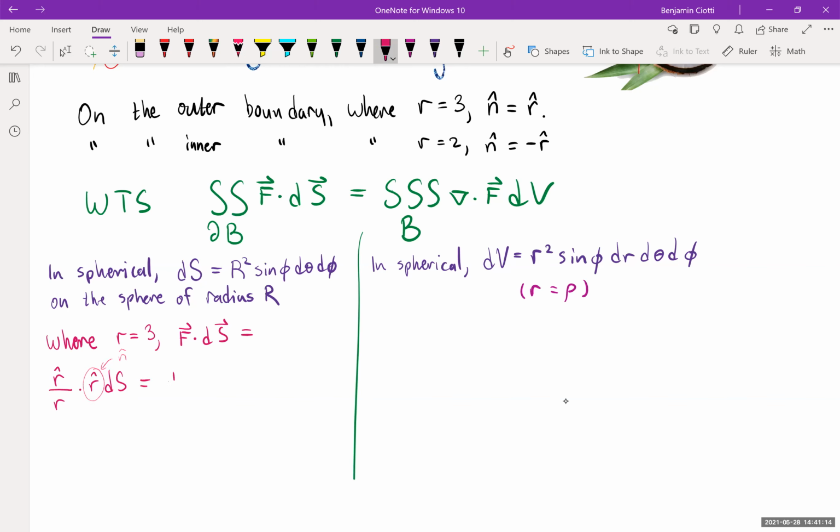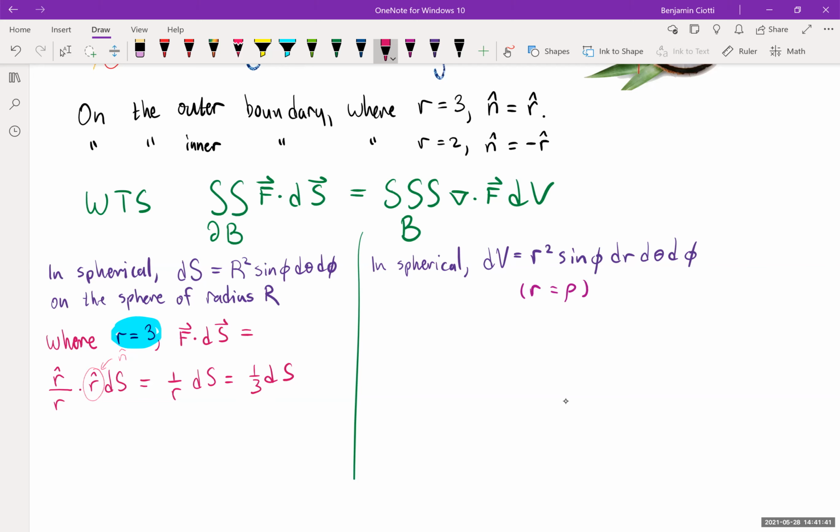We actually just get 1 over r dS, which, if r is equal to 3, is 1/3 dS. So it'll just be 1/3 of the surface area on the outer integral.